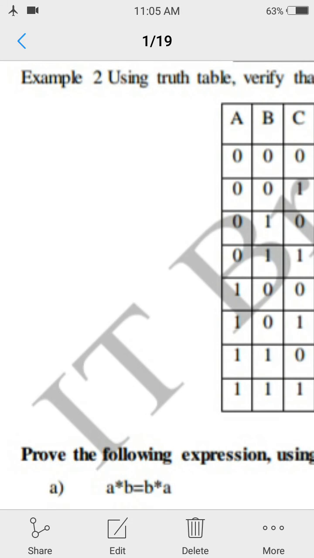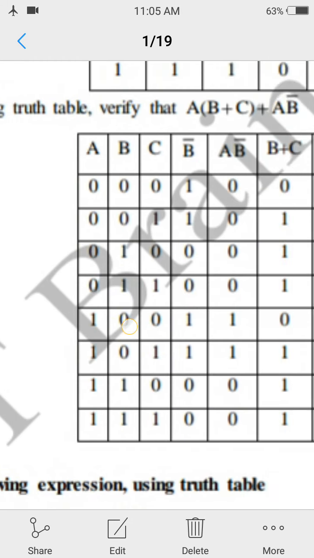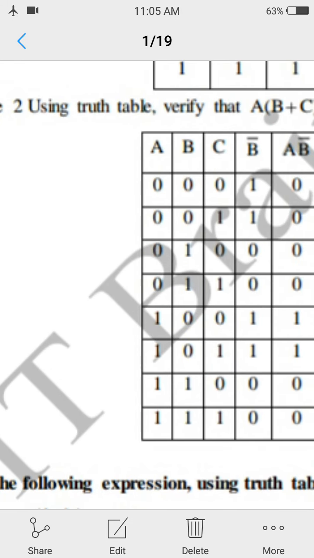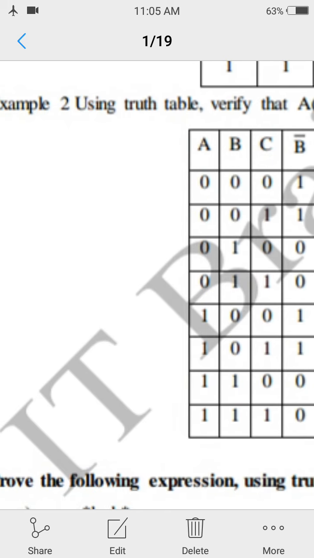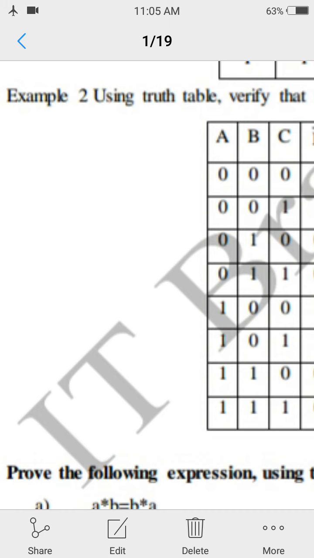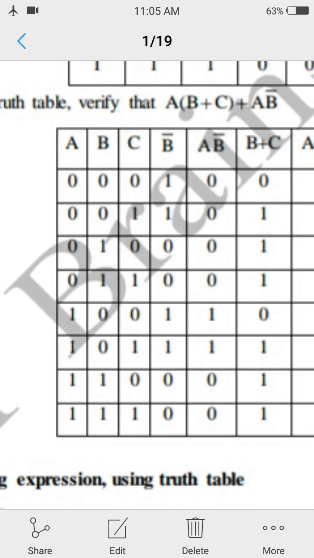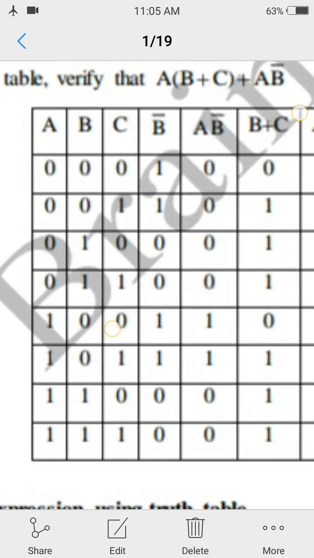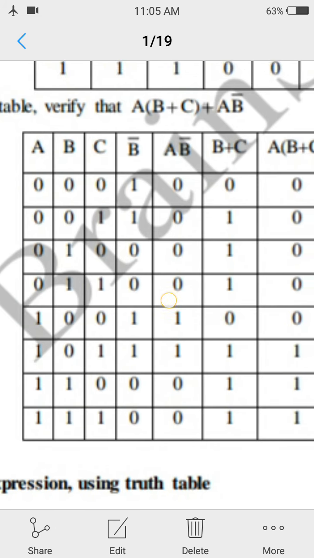Dear students of class 12th, nowadays we are evaluating Boolean expressions. Today's question is this example second, as you can see on your screen. Using a truth table, verify that A(B + C) = A·B + A·C, where plus means OR, as you know, and A B not.